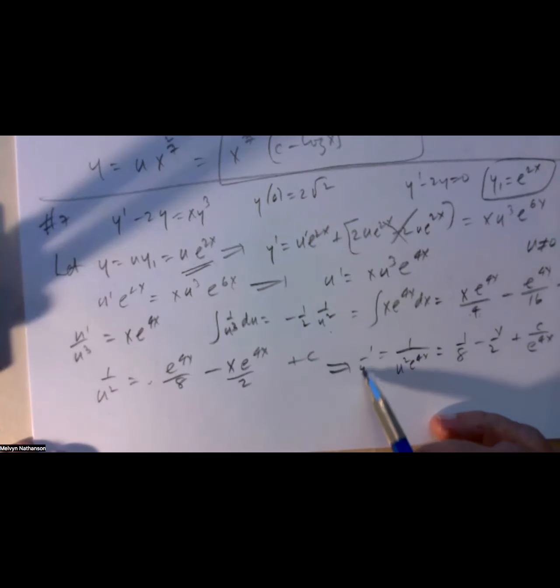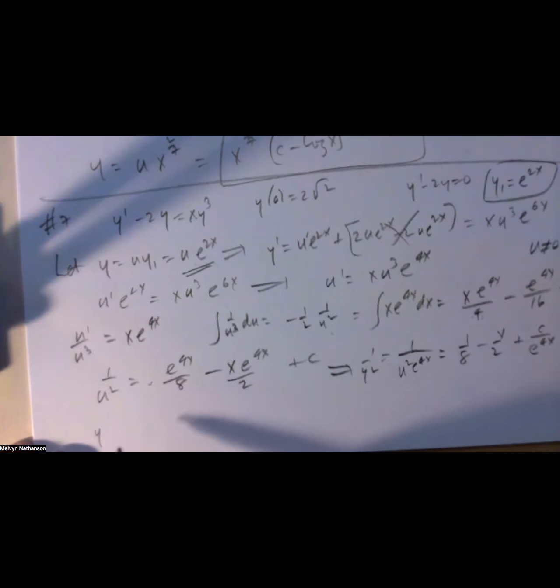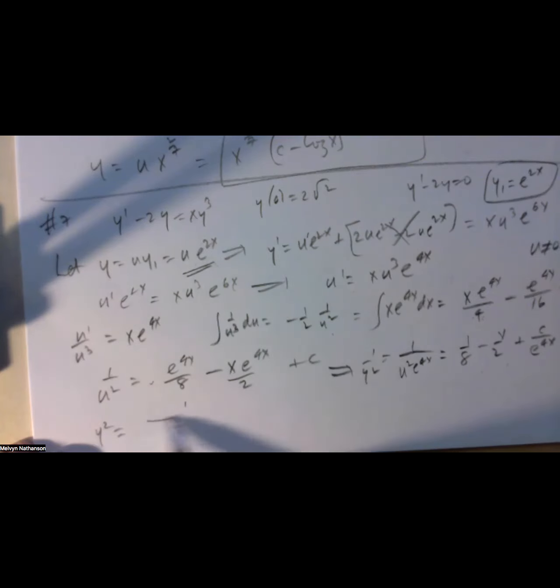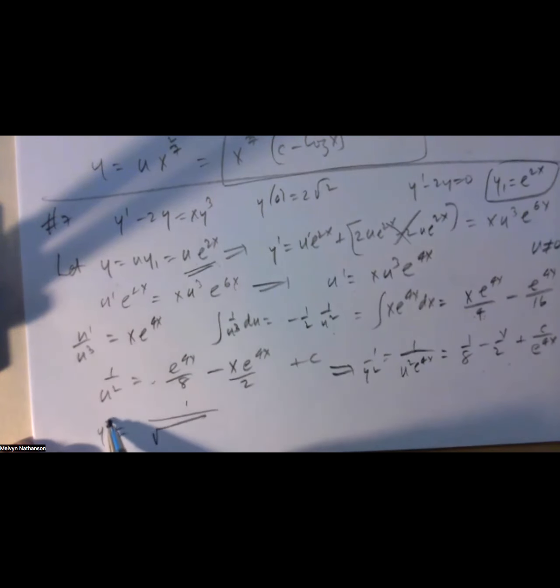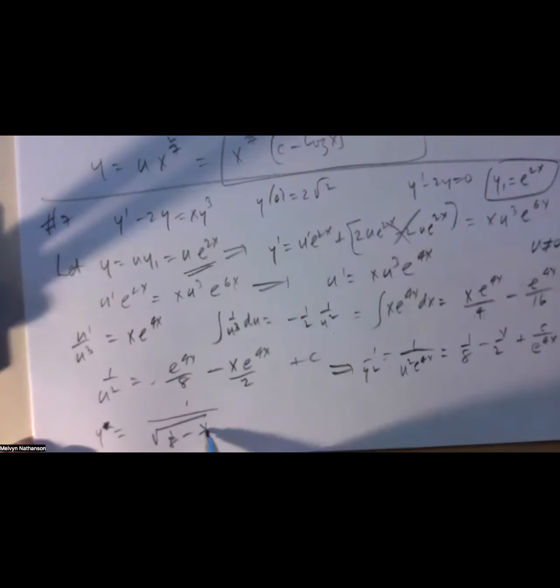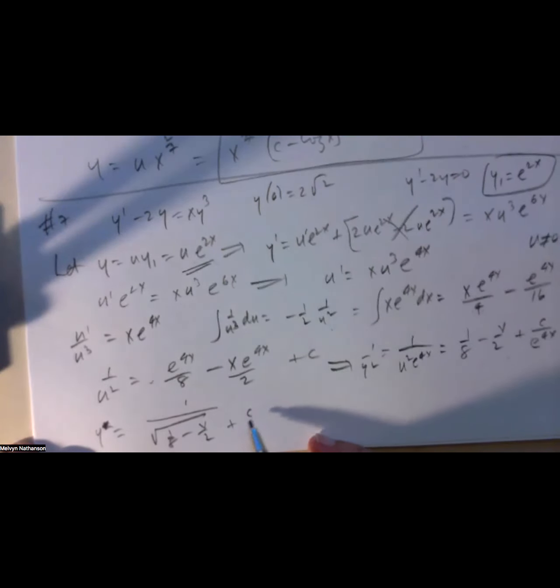And this is 1 over y squared. So y squared is equal to the reciprocal. So y is the square root of 1 over an eighth minus x over 2 plus c over e to the 4x.